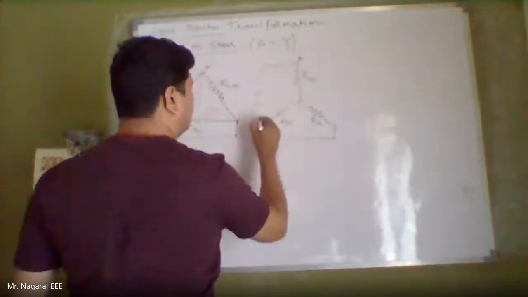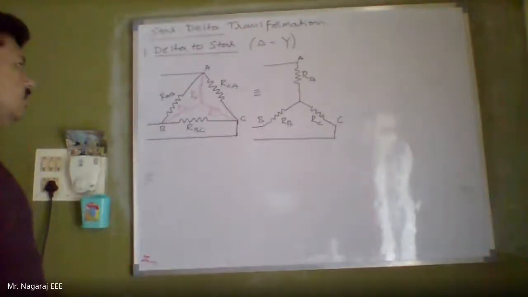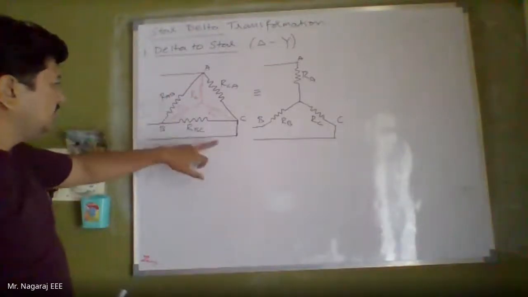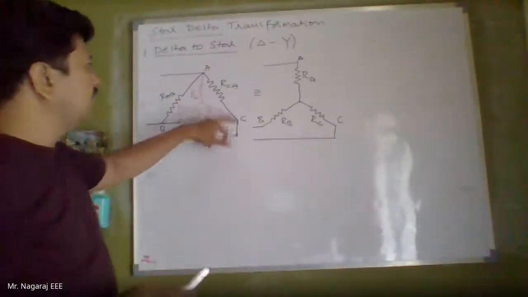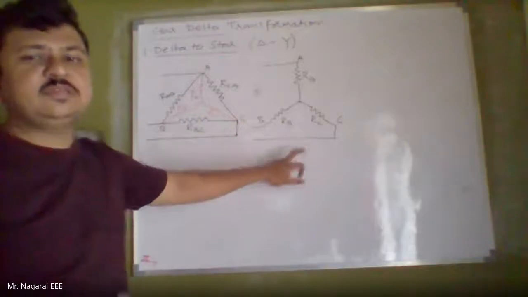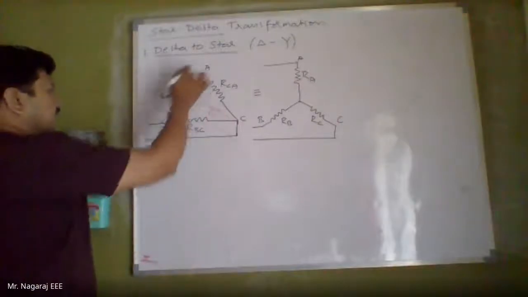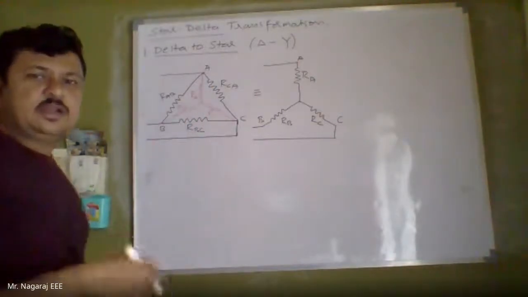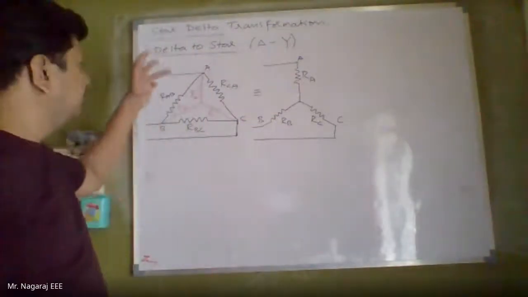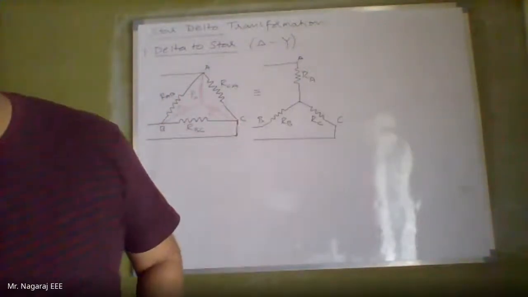So this is node A, node B, and node C. If I want to take the equivalent resistance between A and B in delta by keeping C open, I have to take the equivalent resistance between A and B in star, keeping C open. Then I have to equate it. It will be the same. That is the principle. The equivalent resistance between any two lines, keeping the third line open, is the same in delta as well as in star. If you want, you can take that statement.